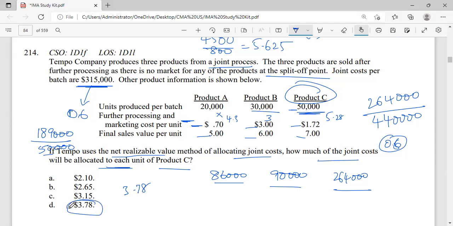3.78. I hope that you are following along with it. See, this is the type of calculation which is required in the examination also. I'm scribbling on the paper like this, which you cannot do in your examination, but you'll have a scribbling pad out there, which you can use to do all these calculations and be a bit faster.